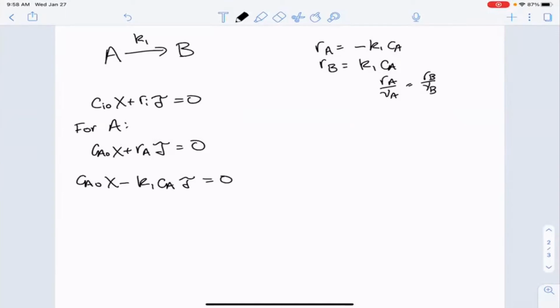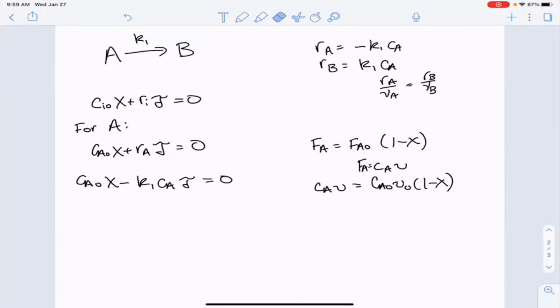And so if we do that, now we have to ask ourselves, what is the concentration of A? And we also got that just a minute ago. So remember that FA would be equal to FA0 times 1 minus the conversion. And if FA is just equal to CA times the volumetric flow rate, well, this is CA times the volumetric flow rate equals CA0 times v0 times 1 minus the conversion.